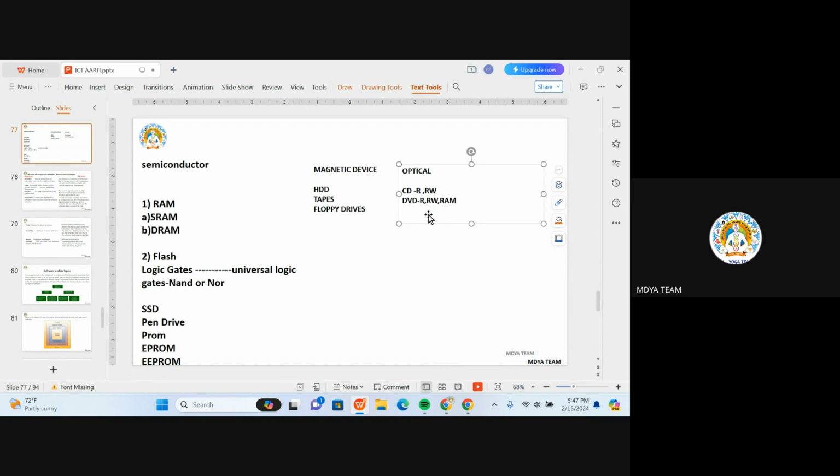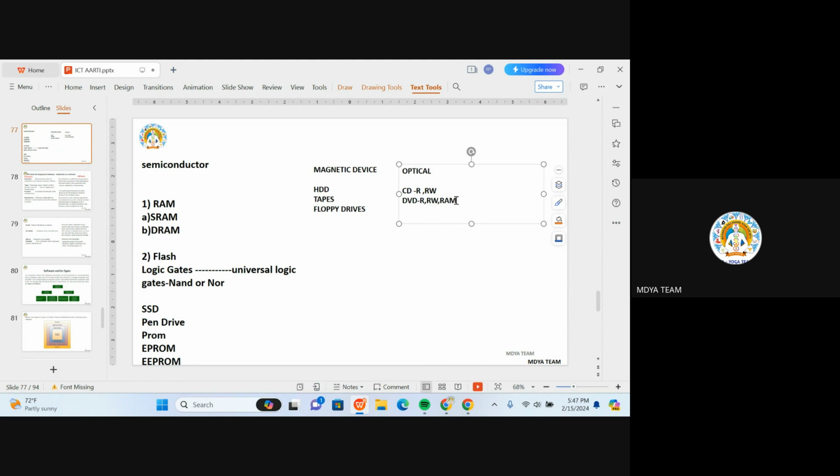You have to go sequentially. That process applies to CDs, DVDs, tapes, and floppy drives. So data is stored in sequence form. But in DVD-RAM, you can store the data randomly.